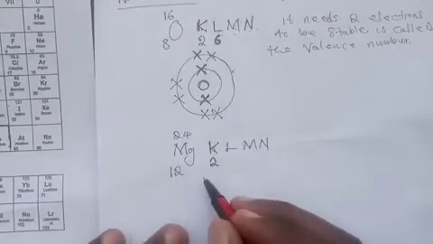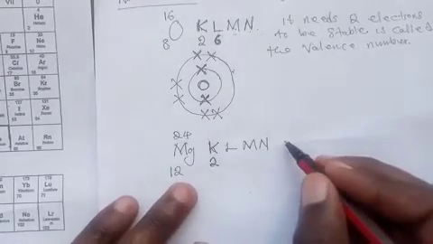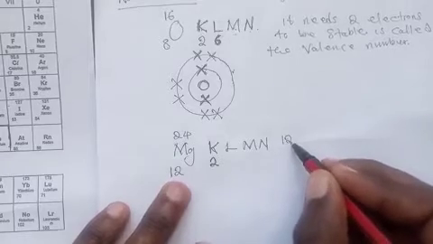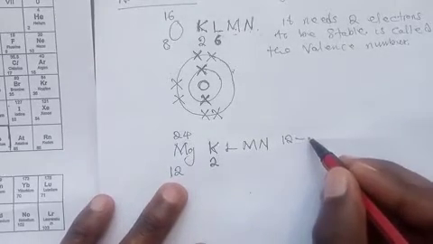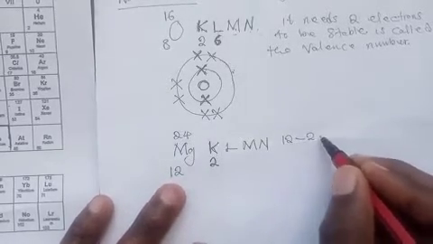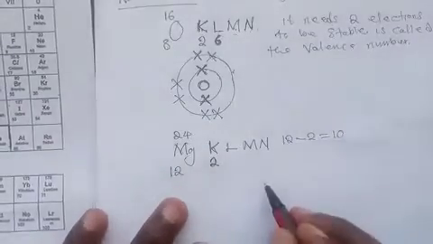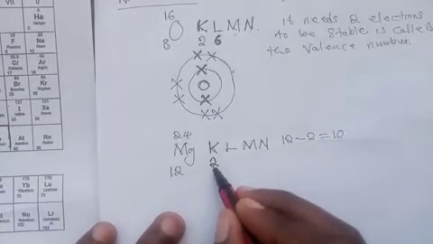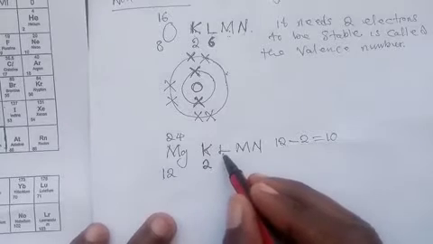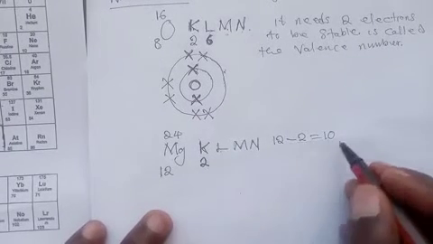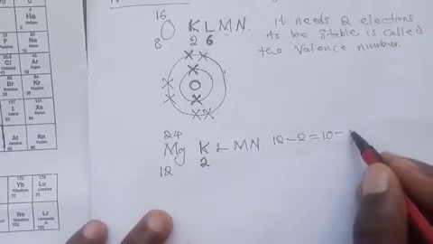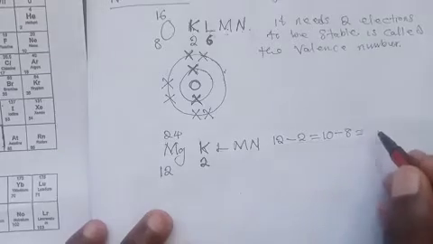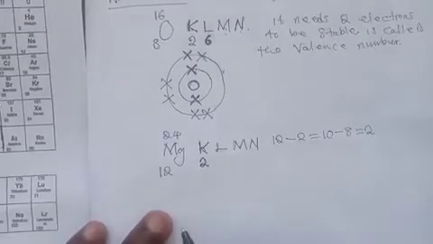So we had 12; when we subtract 2 we have 10. This next shell occupies 8 electrons, so let's subtract 8 from 10. That is equal to 2.